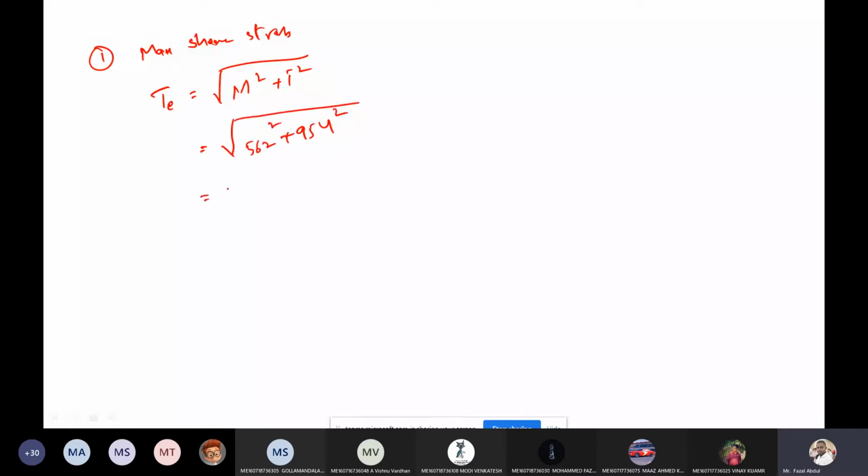Now tell me, what is Te equal to? The Te value should be in terms of Newton meter.